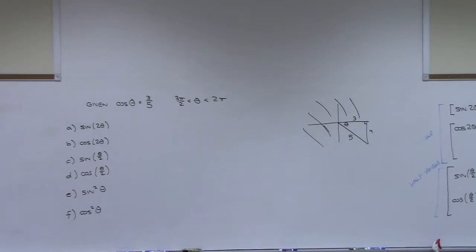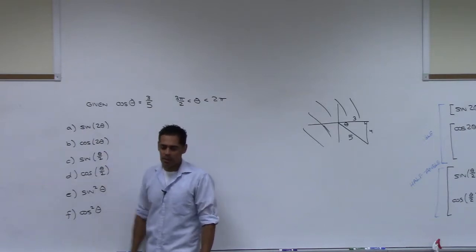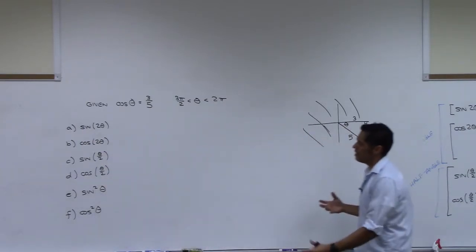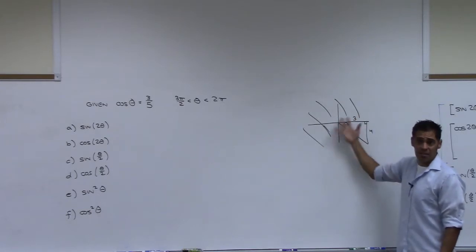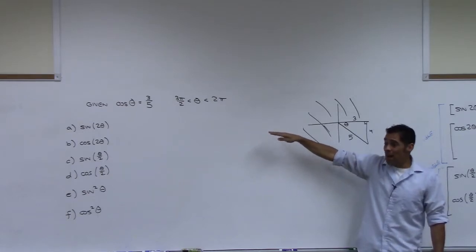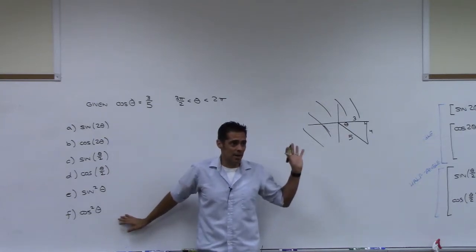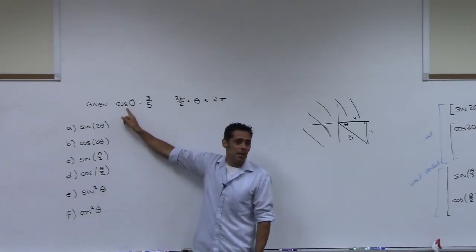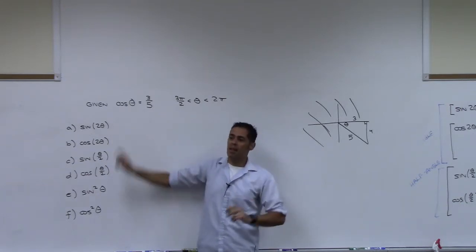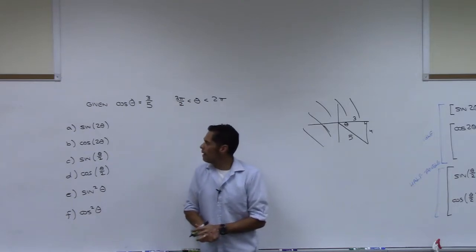In order to know what sine squared theta is, I actually need to know what cosine of 2 theta is, and cosine of 2 theta is my part B. I'm trying to get you to see that the usefulness of this triangle is really only for part A. You could get through the rest without any information about the triangle. Had I given you some information about sine of the angle instead, you would have to figure out what cosine is. There would be no way around it. All right, let's grind this out.